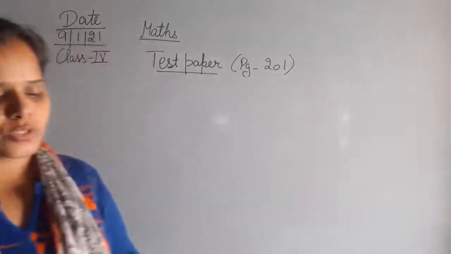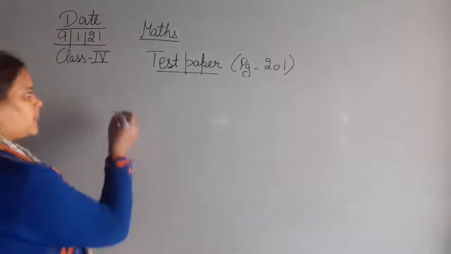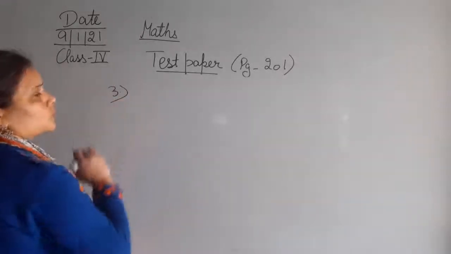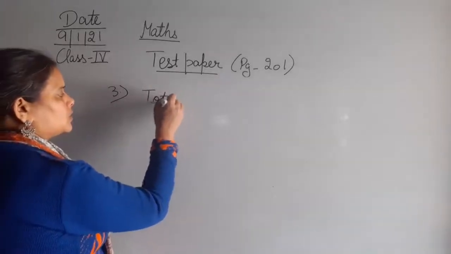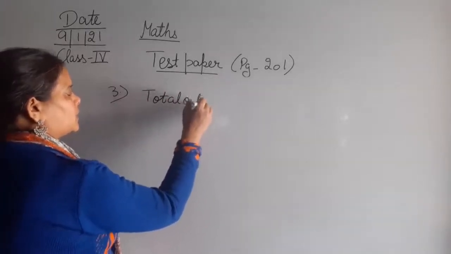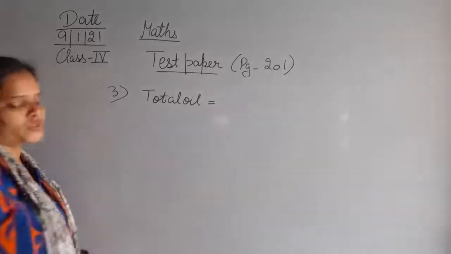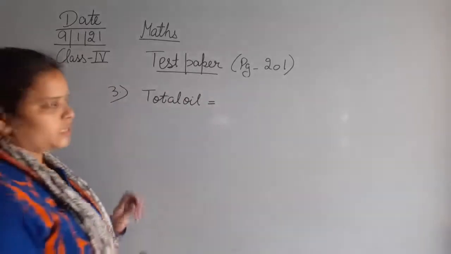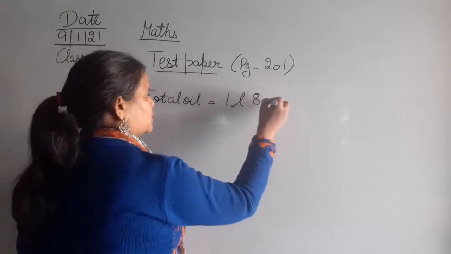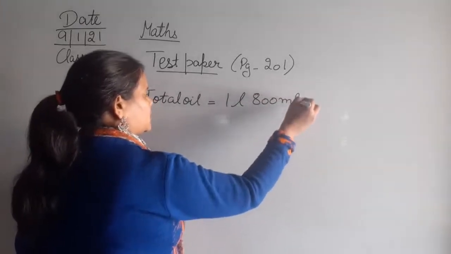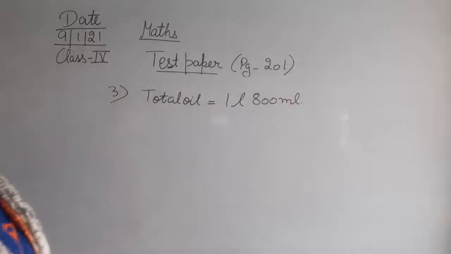Okay, so इसको हम कैसे कैलकुलेट करेंगे. देखिए here the total oil that is given, that is 1 liter 800 milliliter. So this is the total oil.